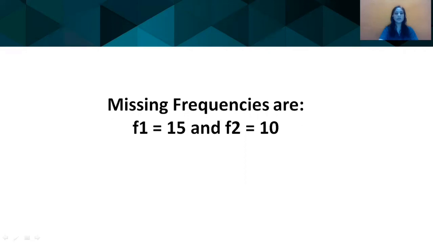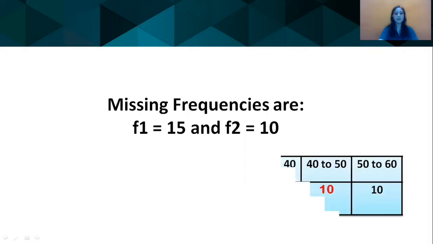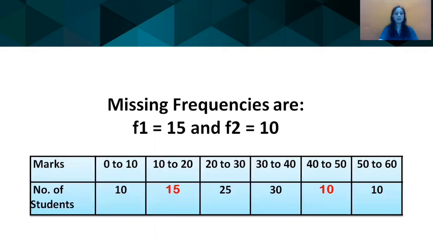So we can replace these two values in the table. Now we are replacing the question marks by the missing frequency values. You can see them highlighted in red color. These are the missing frequencies. For class 10 to 20, the number of students is 15. For class 40 to 50, the number of students is 10.